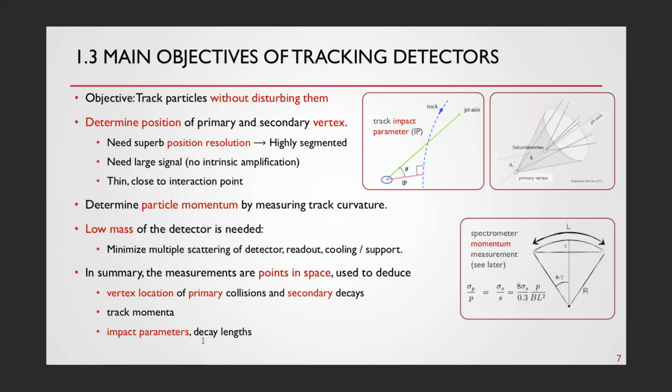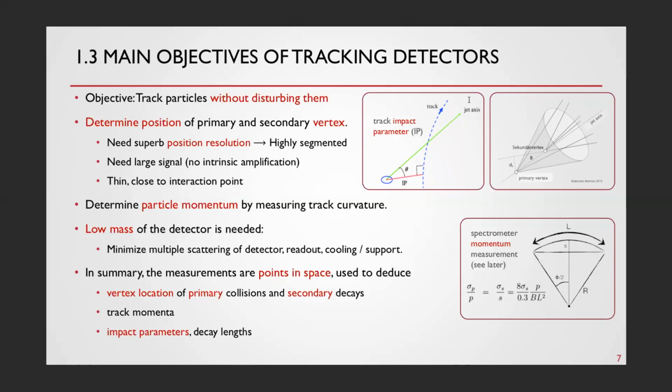Let us now talk about the main objective of tracking detectors. I've mentioned calorimetry, but I want to stick for this lecture with the use case of tracking. The objective is to measure the particles' track without disturbing them.